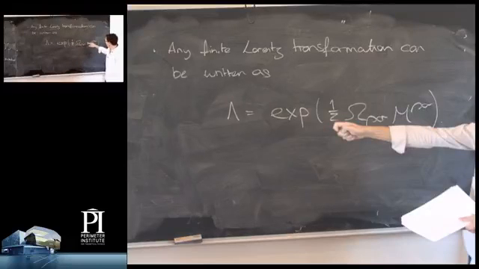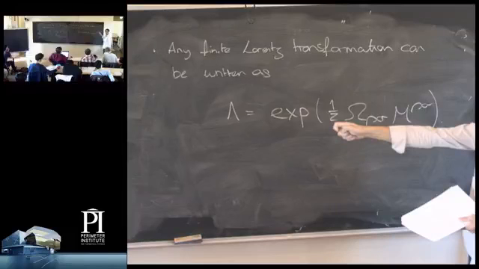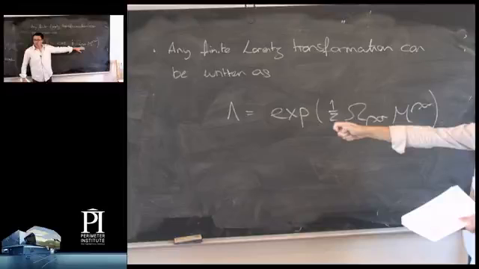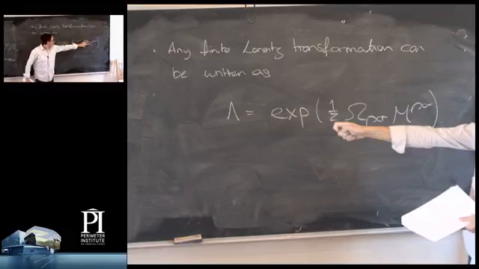Well, if these are very small numbers, I get the 1 plus the small infinitesimal piece plus higher order terms. So what you need to know about Lie groups is that any element of the group can always be written in this exponentiated form, where there's the element of what's called the Lie algebra that sits here.